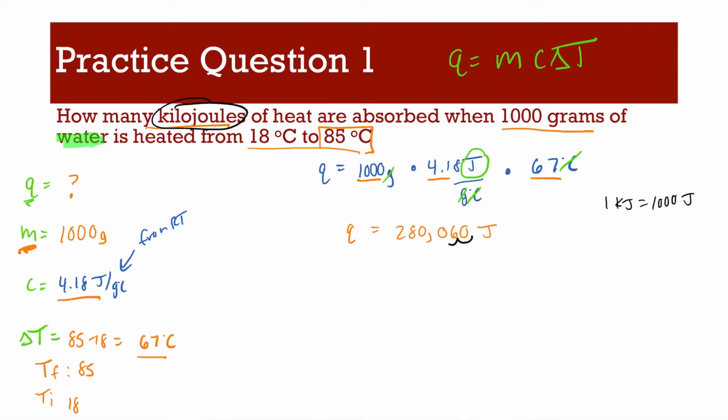So all we have to do is move our decimal spot over 3 spots. So Q is 280 kilojoules.